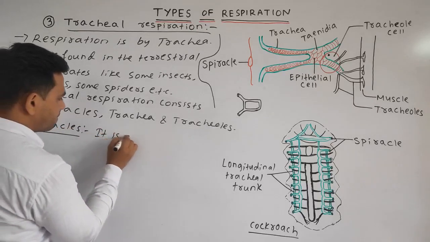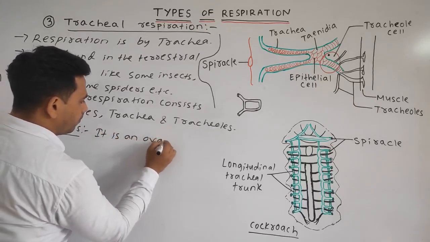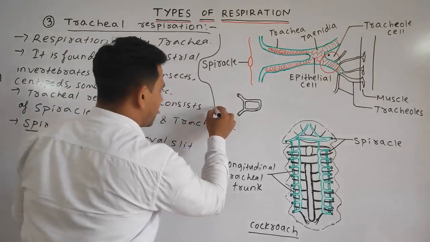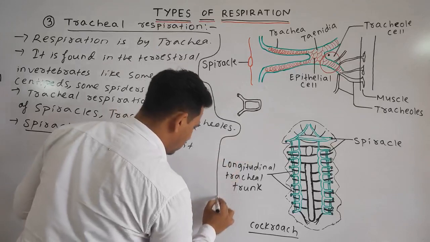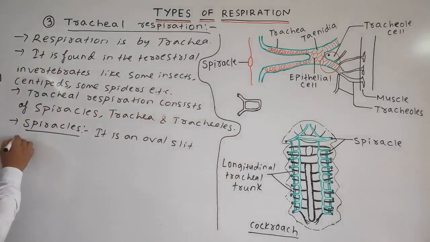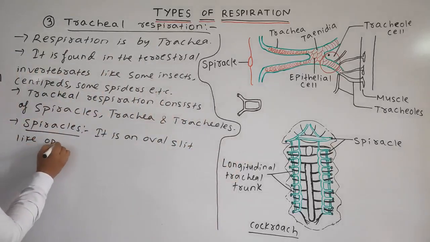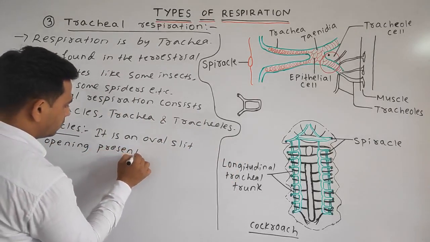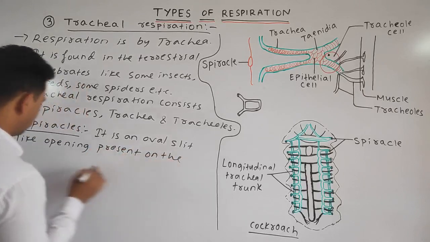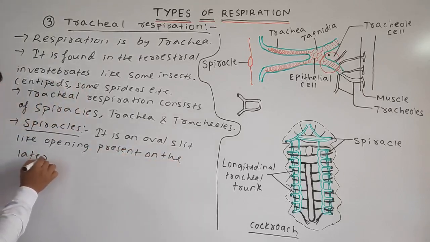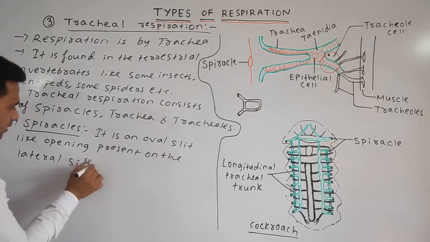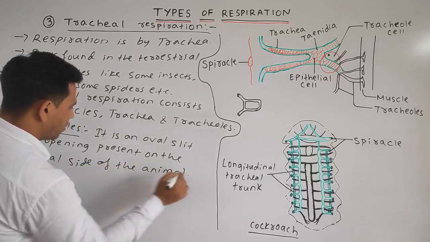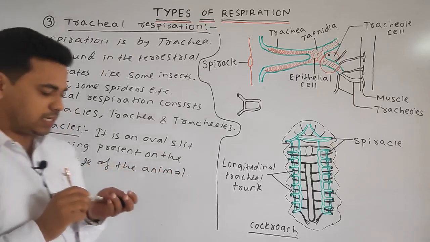It is an oval slit-like opening present on the lateral side of the animal. Slit means what, students?